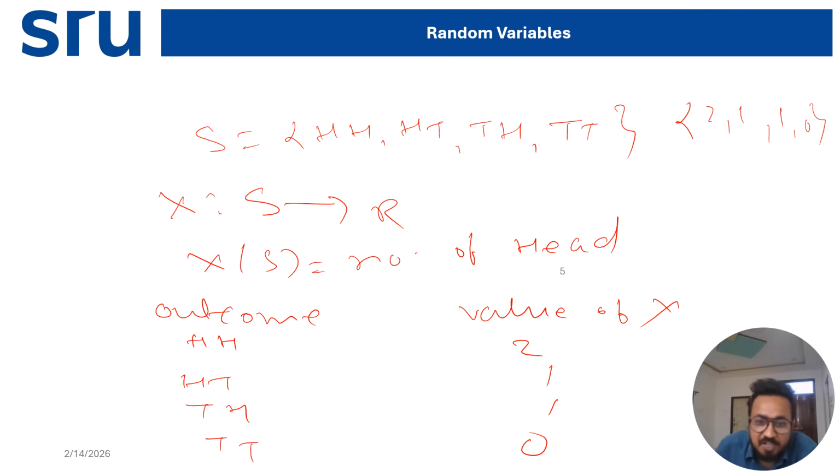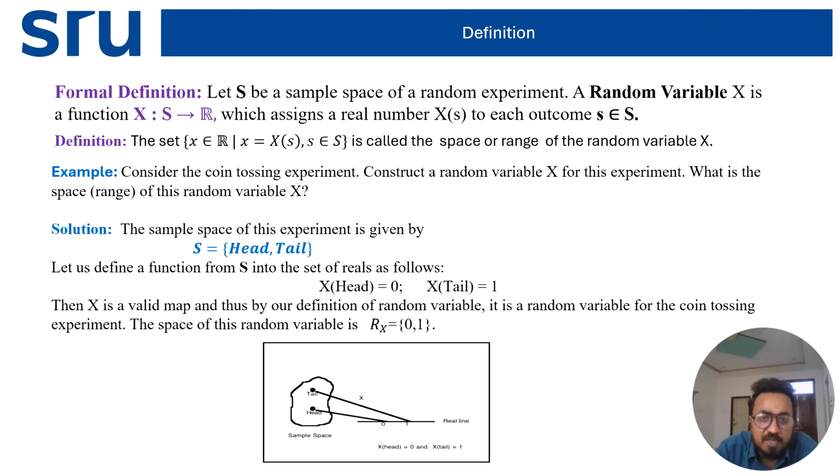So now we understand the concept of random variable. Now we formally define the random variable. Let S be a sample space of a random experiment.